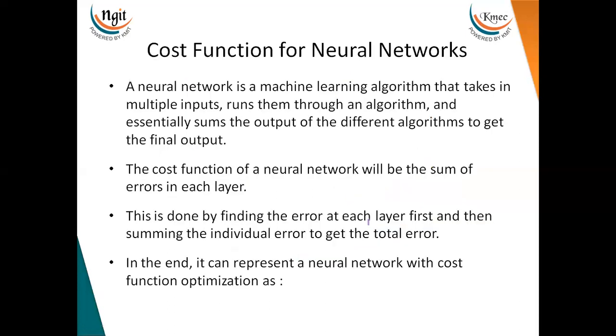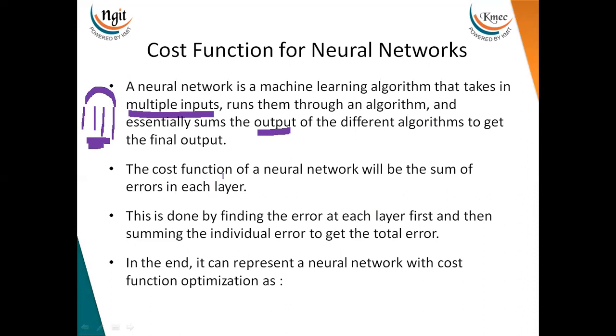Now, what is the cost function for a neural network? Our neural network is taking multiple inputs. It will run through some algorithm and it will generate the output. Listen, our neural network is moving in between the layers. Yes or no? In between your input and output layer, there are many hidden layers.